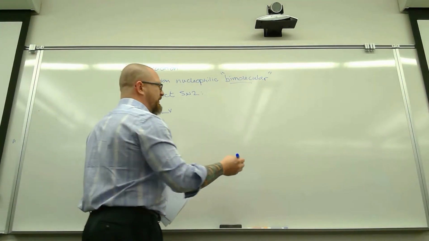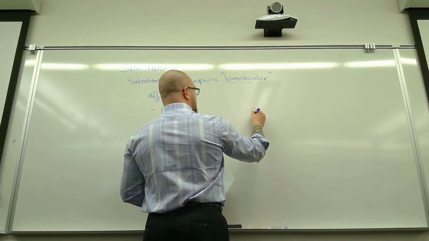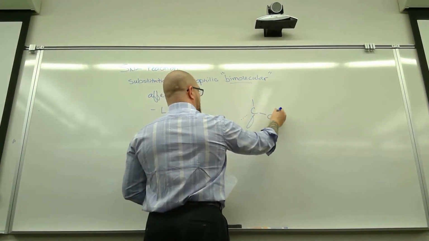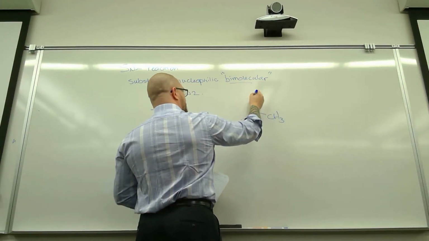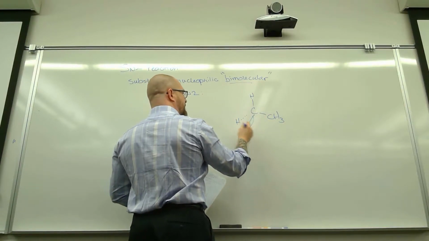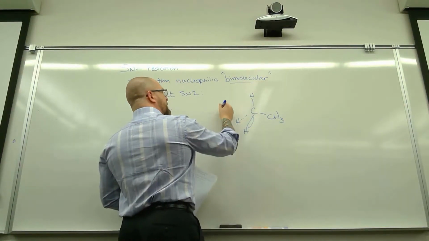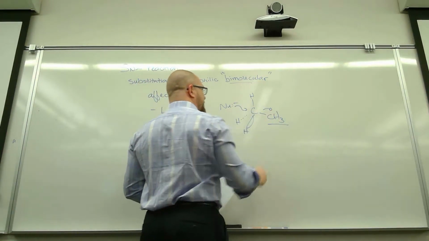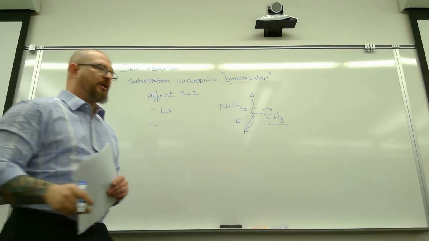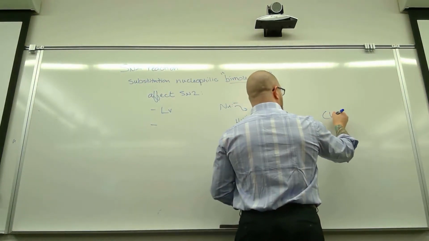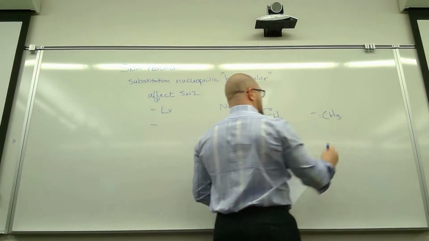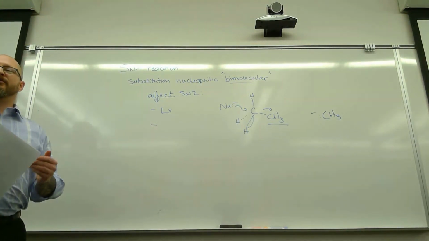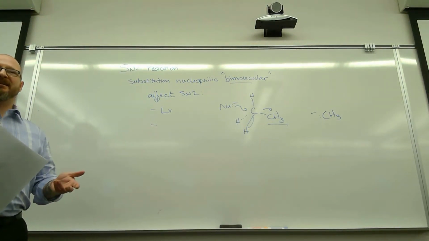If somebody was saying, so you have ethane, you have some nucleophile. That would be a terrible leaving group because the product of the leaving group would be a methyl anion, which is incredibly basic and not stable.